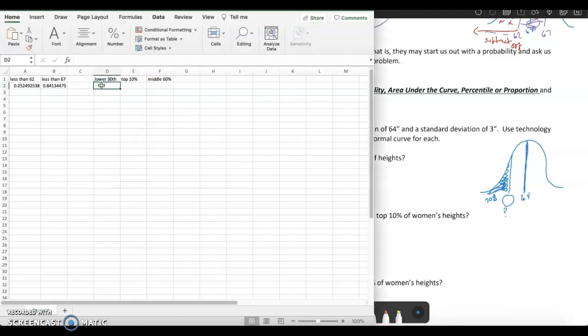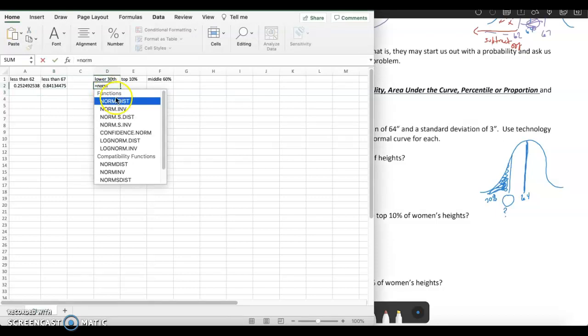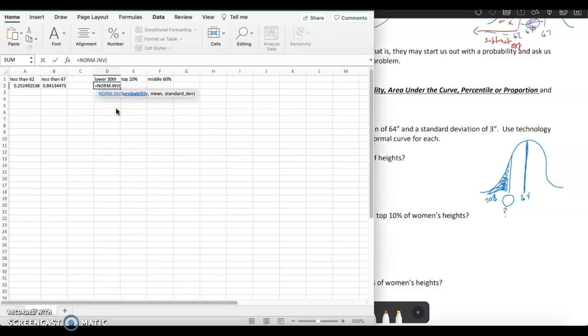So if we're doing the lower 30th, I'm going to do norm.inv this time, 0.3, 64, 3. And it tells me this random variable is about 62.43 inches.